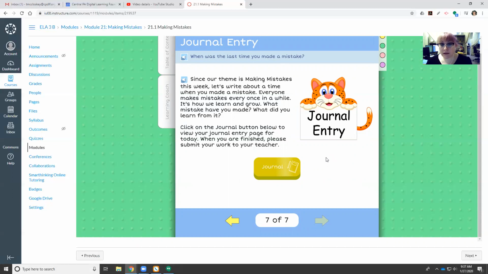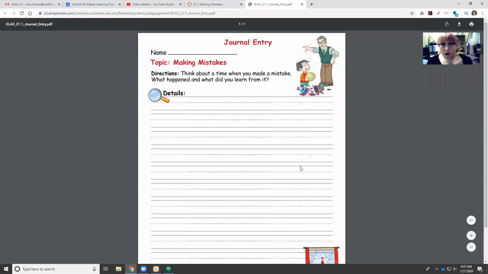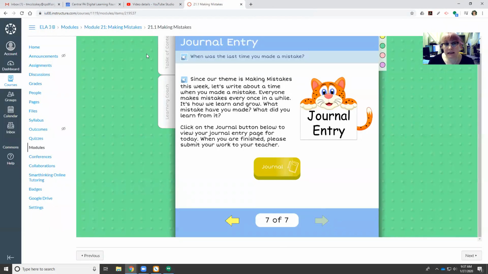You can either use this particular journal page, you can use a Google Doc, or you can use a piece of notebook paper. I'm not requiring you to turn in this exact page, but you do have to answer the question, which is think about a time when you made a mistake. What happened and what did you learn from it? And this reflects back on our story that we're reading because we're learning about making mistakes.